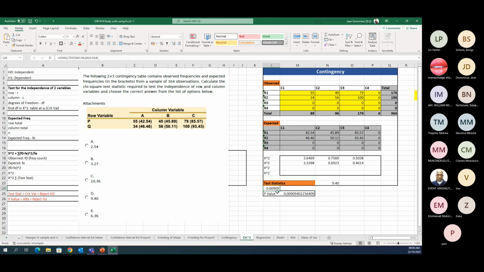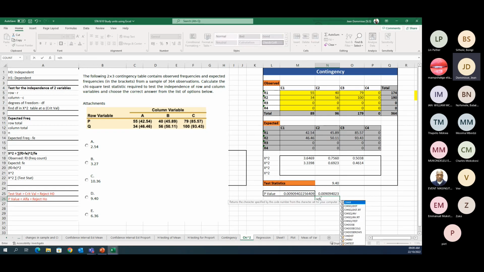Okay, so what I've now calculated there was the p-value. I just want to see if I can get the formula that actually does the return thing.